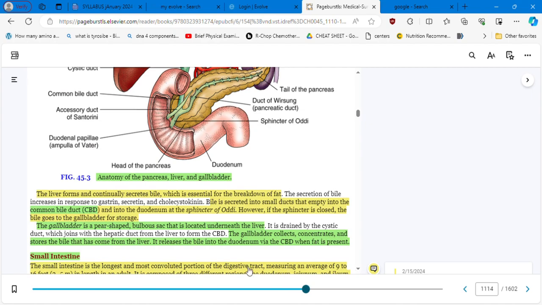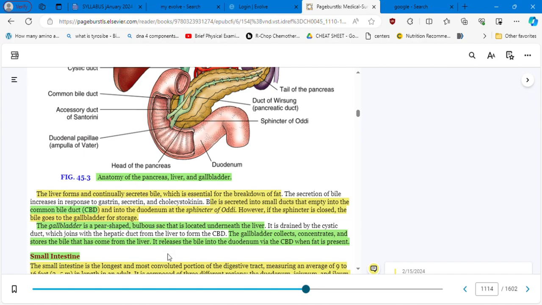The liver forms and continually secretes bile, which is essential for the breakdown of fat. Bile is secreted into small ducts that empty into the common bile duct and into the duodenum at the sphincter of Oddi. However, if the sphincter is closed, the bile goes to the gallbladder for storage.